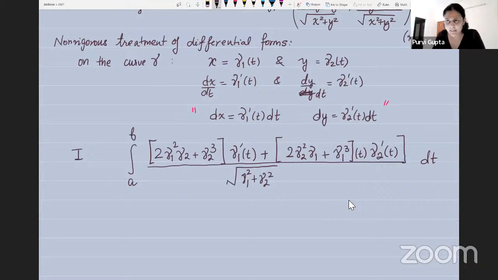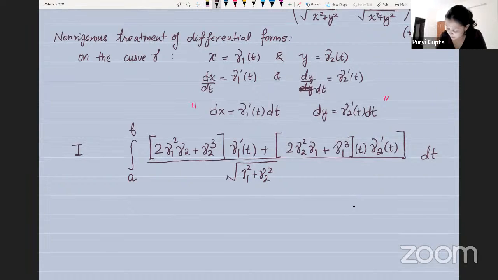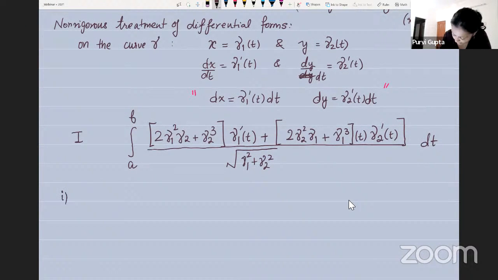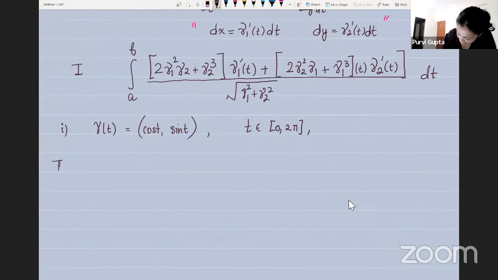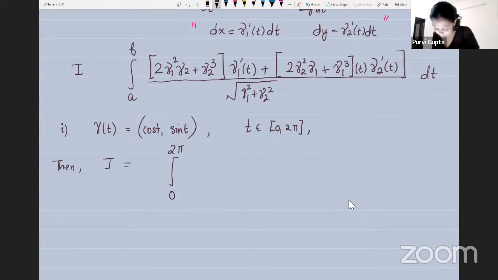Okay, so now we need to take these specific curves and plug in what gamma 1, gamma 2 is. So let's do the first case. The first case is where gamma of t is equal to (cos t, sin t), and t is from 0 to 2 pi. So then what happens is my capital I, let me plug this all in, 0 to 2 pi. And please, I often tend to make lots of small mistakes, so please make sure that I'm writing the correct thing.